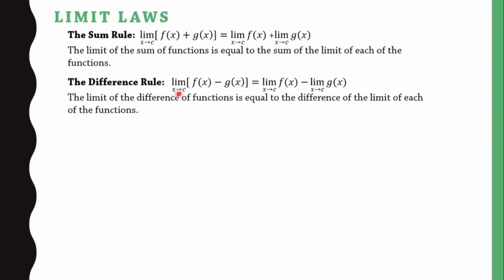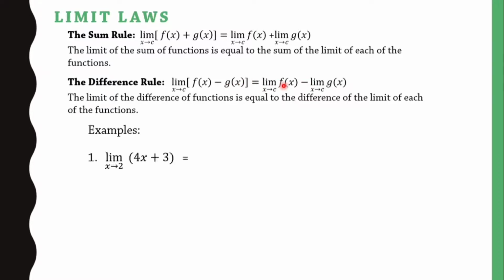For the difference rule, it says that the limit of f of x minus g of x as x approaches c is simply the limit of f of x as x approaches c minus the limit of g of x as x approaches c. So we just have to separate f of x, get the limit, then subtract the limit of g of x.